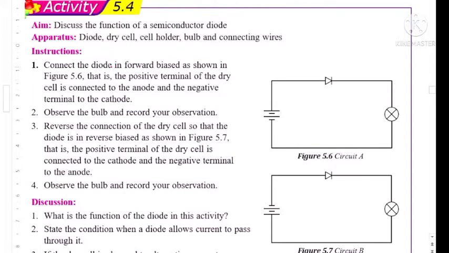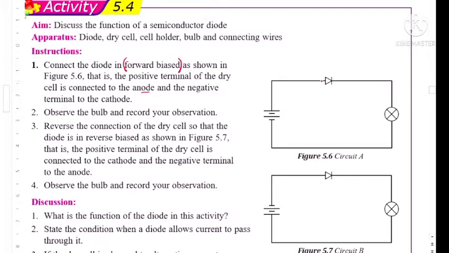For the first part, what we do, connect the diode in forward bias. What is the meaning of forward bias? That is, positive terminal of dry cell connected to anode and negative terminal connected to cathode. Observe what happens to the bulb and record your observation.